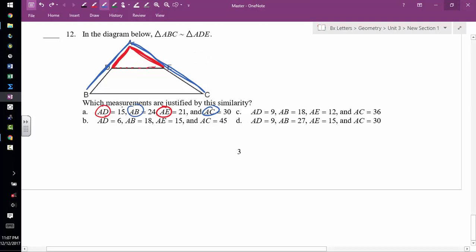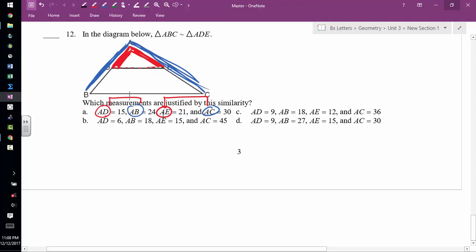So we can just compare these ratios. I could divide these first two things because AD is this red side here and AB is this corresponding blue side. And I could just keep on going along. I could compare AE to AC because AE is that small piece to the corresponding big blue.